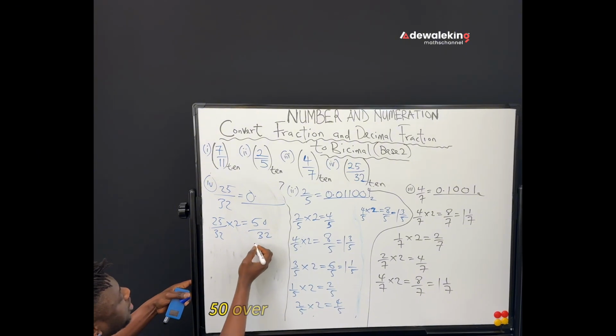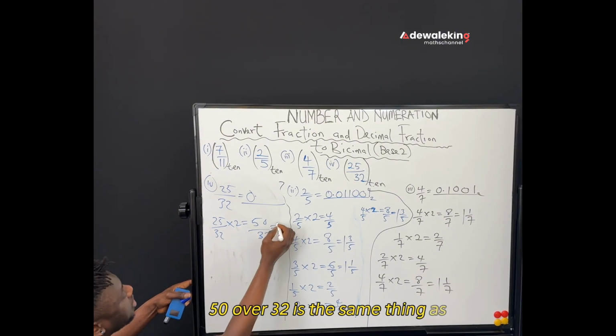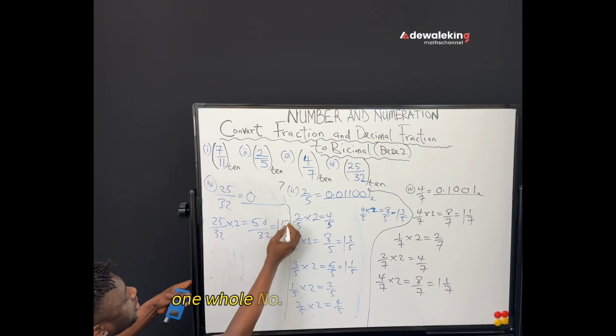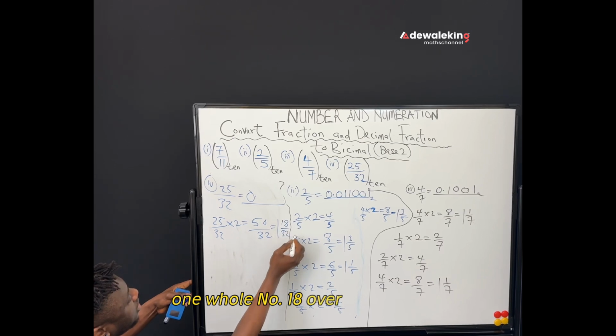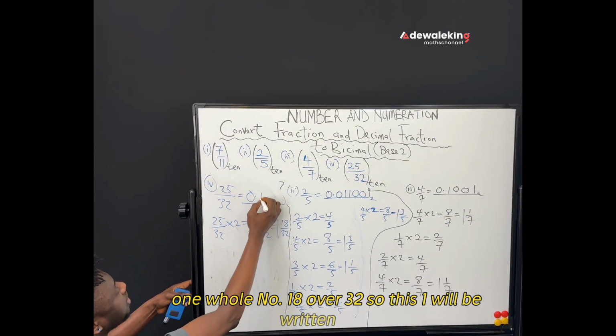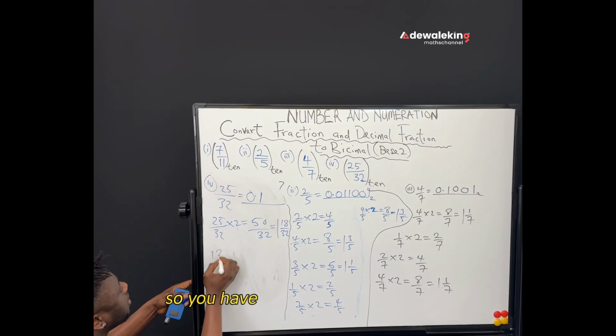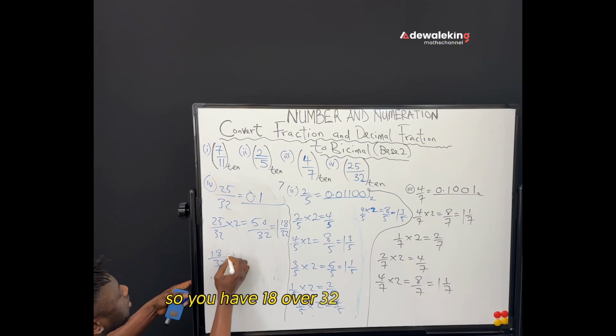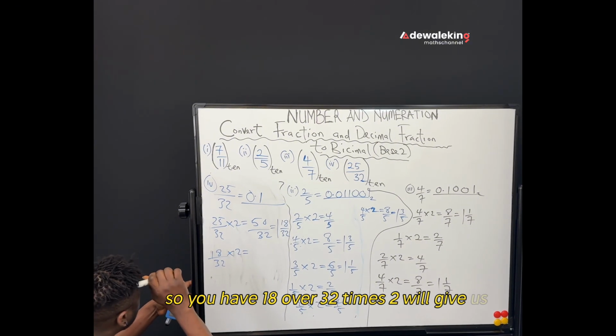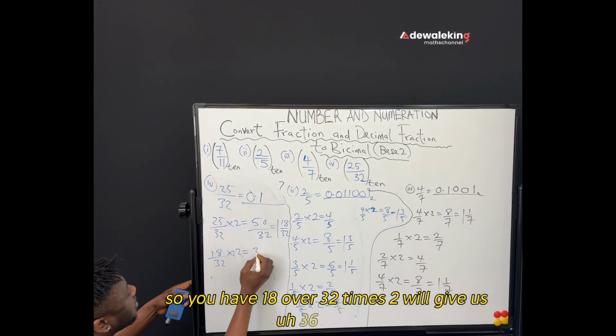50 over 32 is the same thing as one whole number, 18 over 32. So the 1 will be written here. Then you have 18 over 32 times 2, which gives us 36 over 32.